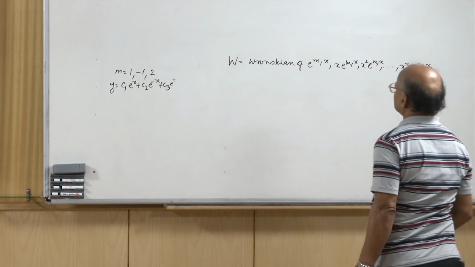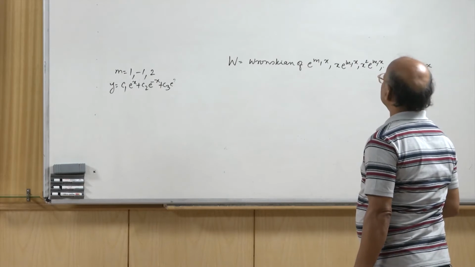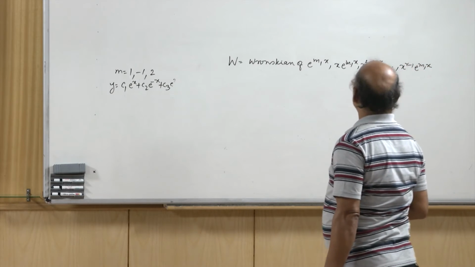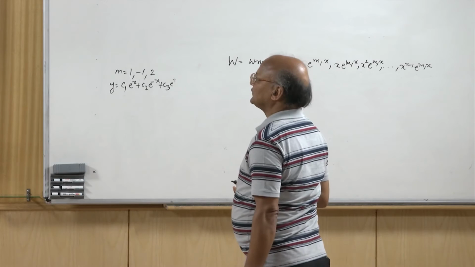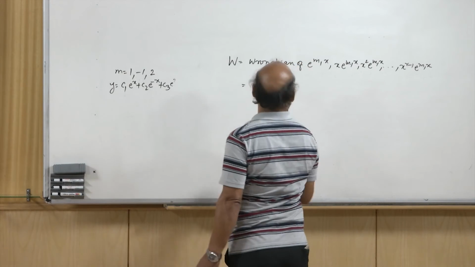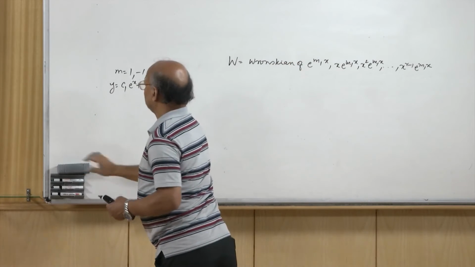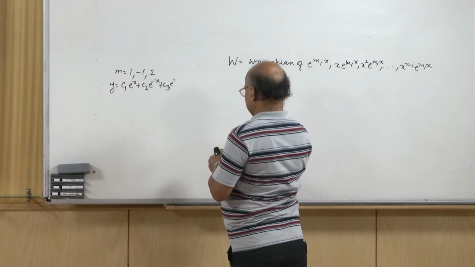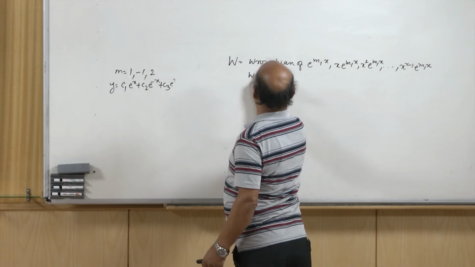Let us first note that the Wronskian of these r functions is not equal to 0, so they are linearly independent. Let us see how we will prove this. We have to show that these r functions are linearly independent.